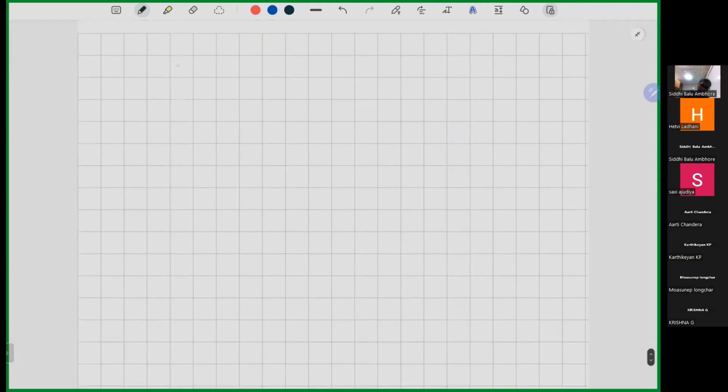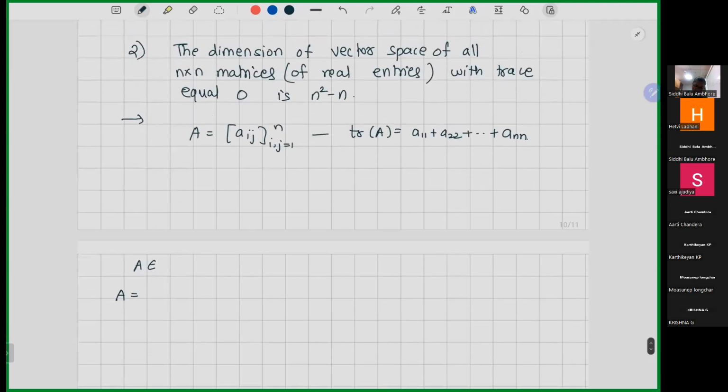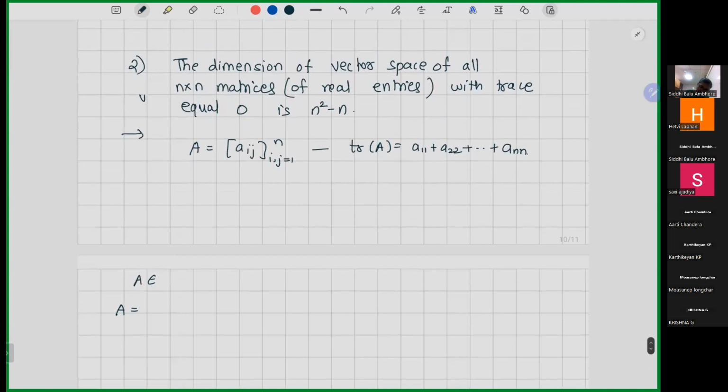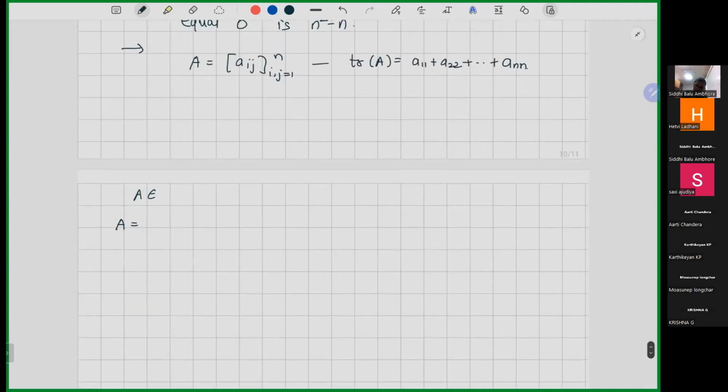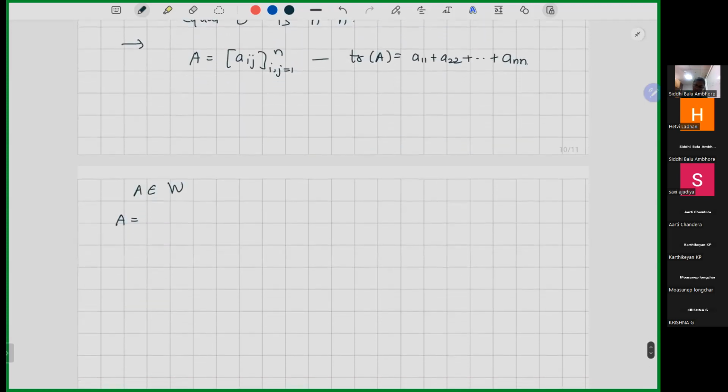Okay, so how does it look? Let me write a matrix first. Any matrix A in W, let us call this vector space W, is such that the trace of A is 0.